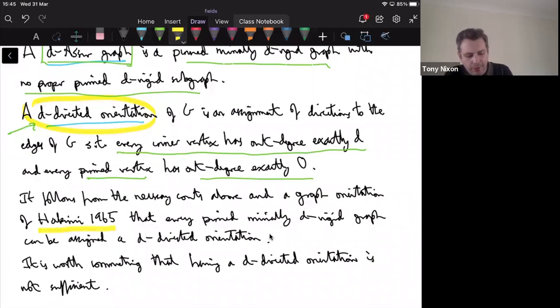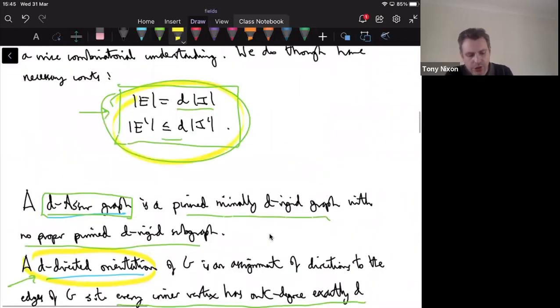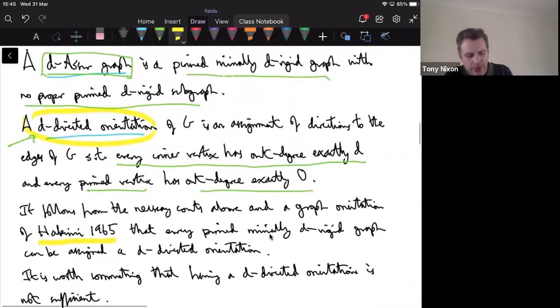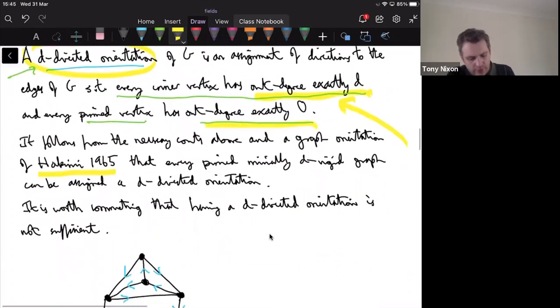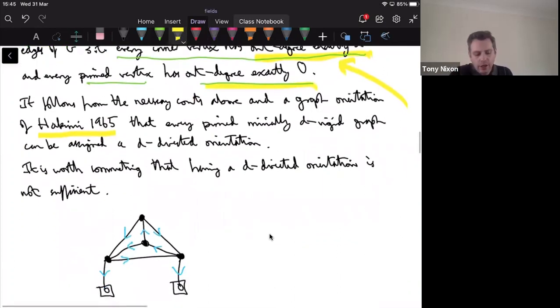It proves that every graph with this condition can be assigned an orientation with bounded out-degree d, or exactly out-degree d if you're tight rather than just sparse, at every inner vertex, and out-degree 0 elsewhere. It is worth saying that this orientation condition is not sufficient to characterize d-rigidity, it just follows from it.